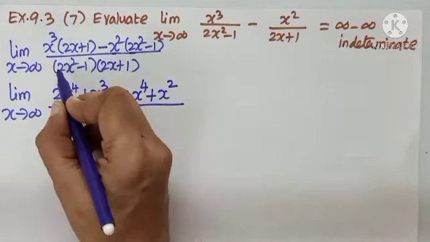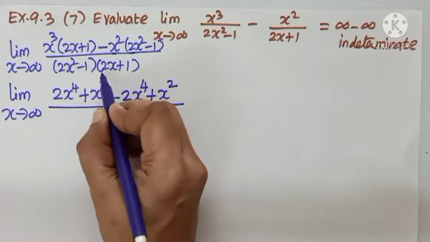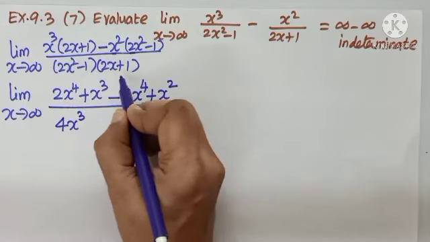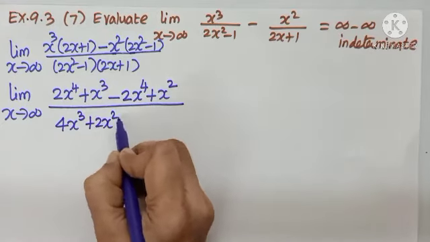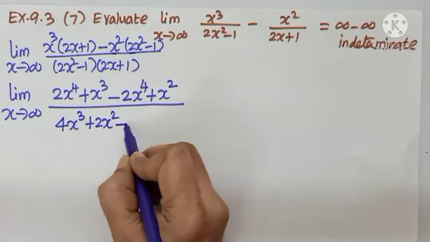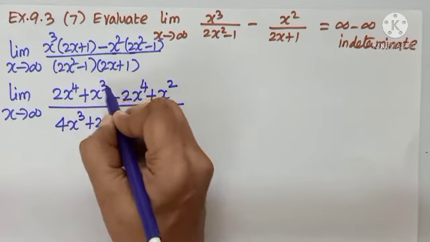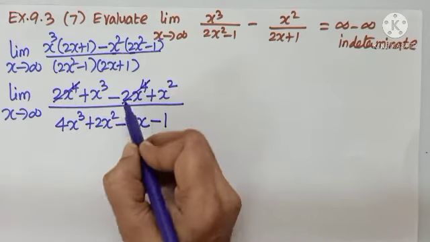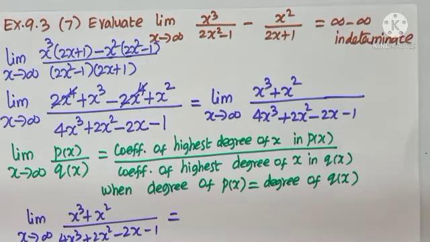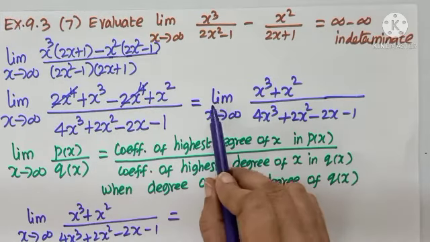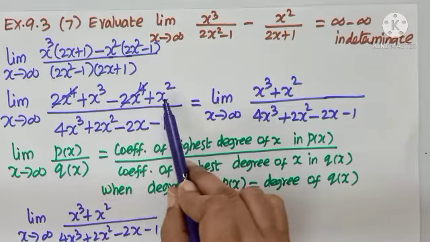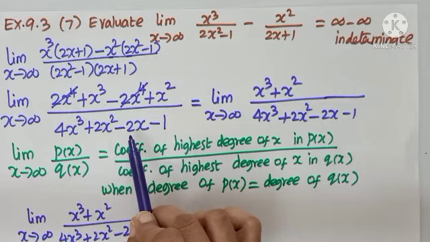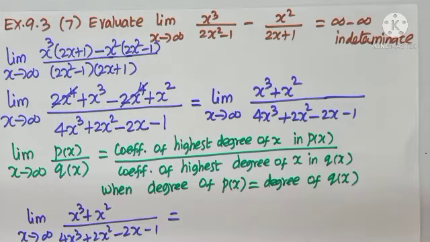In the denominator, I can just multiply 2x square into 2x, 4x cube, 2x square into 1, 2x square, minus 1 into 2x, minus 2x, minus 1 into 1, minus 1. 2x power 4 gets cancelled. As we simplify, we get limit x tends to infinity of x cube plus x square as the numerator, and 4x cube plus 2x square minus 2x minus 1 as the denominator.